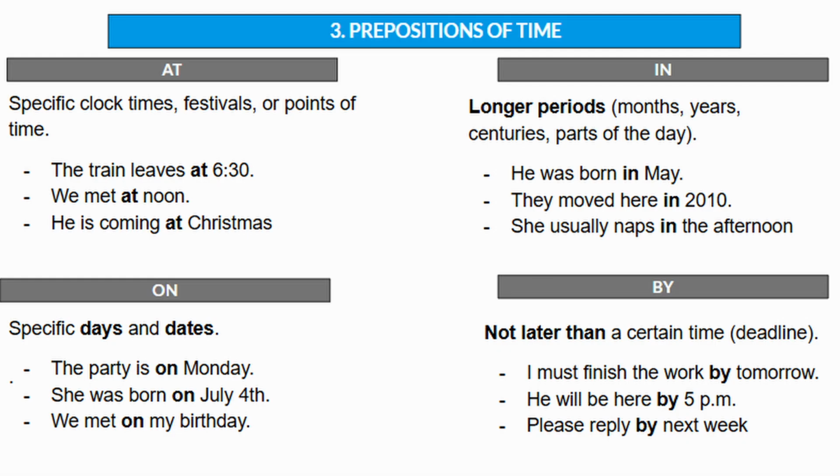They moved here in 2010, because it is a year. When we talk about years, we use the preposition in. I was born in 1992. Don't say I was born on 1992. No, in is the only preposition to use when we talk about years. She usually naps in the afternoon. Also, when we talk about the part of the day, use the preposition in.